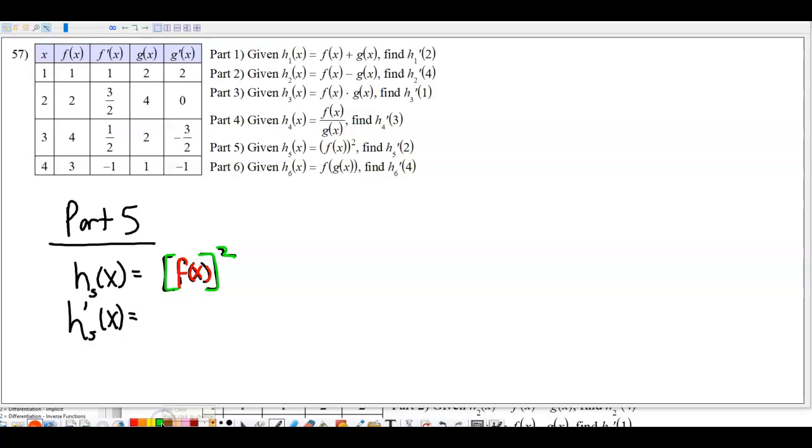So the derivative of the outside is a power rule, so I'm going to move the 2 to the front, and I'm going to take 1 off the power, and then I'm going to leave the inside exactly the same. Next, the derivative of the inside is just going to be f prime of x. Now the problem is asking me to plug 2 in, so I'm going to plug 2 into my function there.